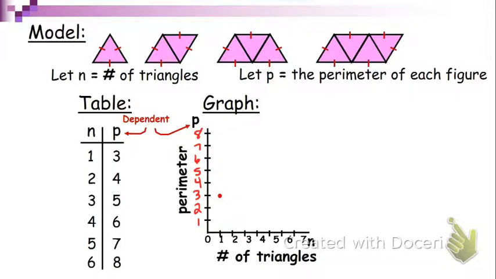Now when I go to get the next dot, they'll go away. But you know where they're supposed to be, and you can mark that in your homework. So our first ordered pair, 1, 3. Next one will be at 2, 4. Then 3, 5. 4, 6. 5, 7.